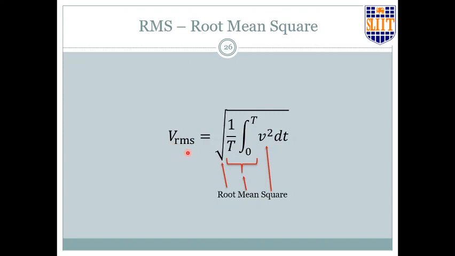Now you can see why it is called root mean square. Root of the mean of the square is what this value will be. So RMS, root mean square. This is why we use the term RMS for the effective value.